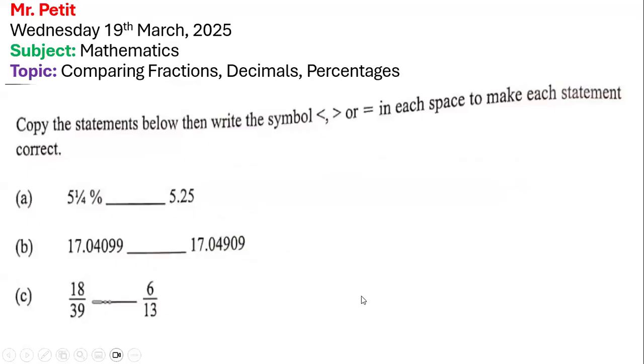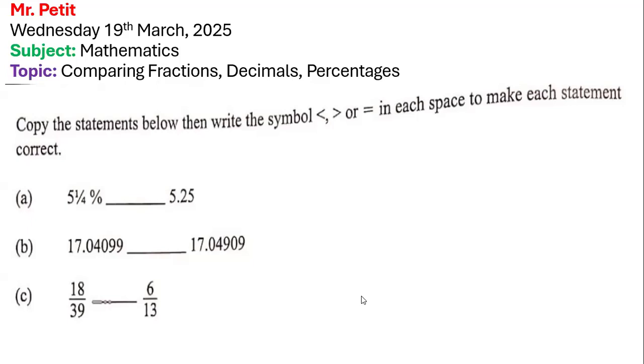The question says, go ahead, Aiden Gray, read the question for me, please. By the way, I need everyone to write this down in your book. Copy the statements below, then write the symbol greater than, less than, or equal to in each space to make each statement correct.